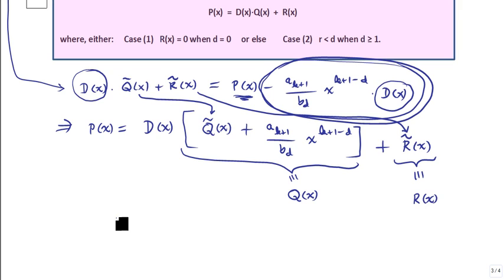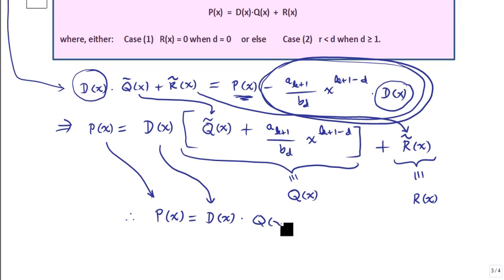And so therefore, we have p of x is equal to d of x, times the q of x, which is that one, plus the r of x, which is that one.